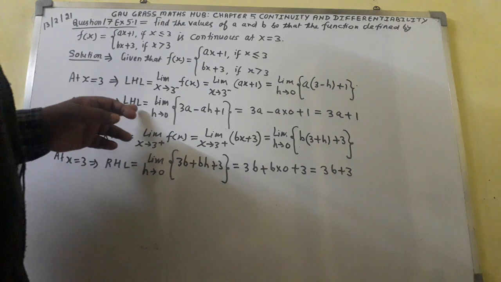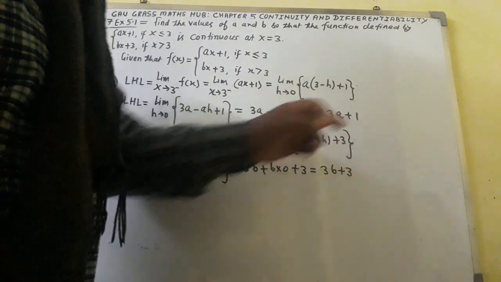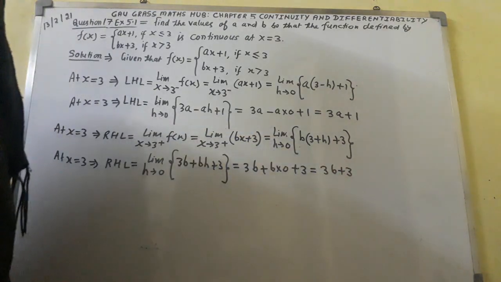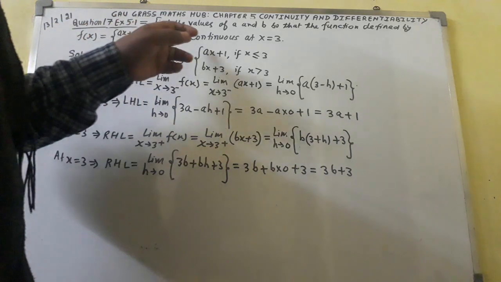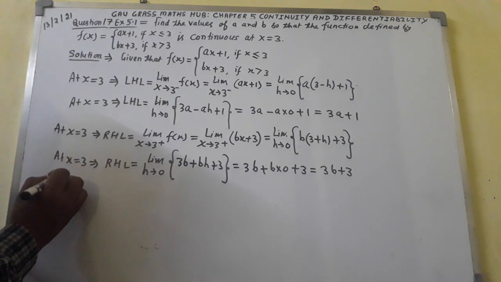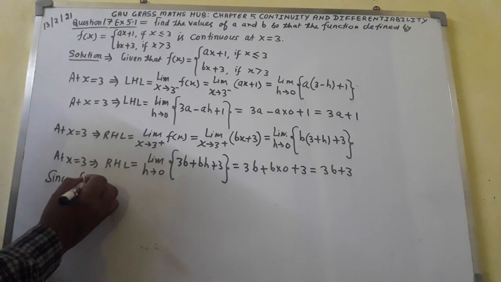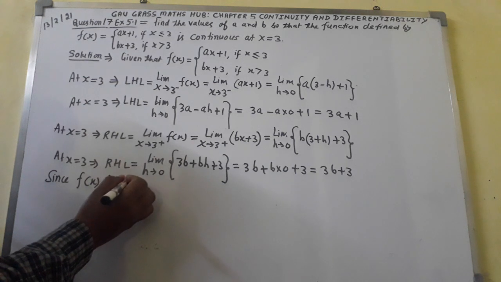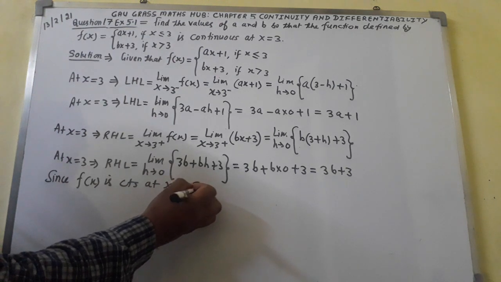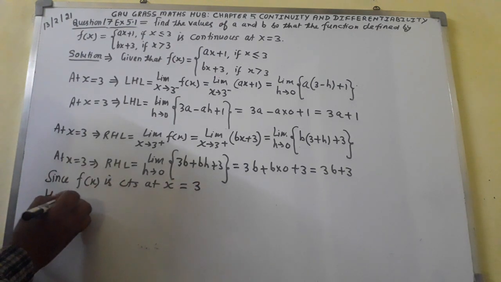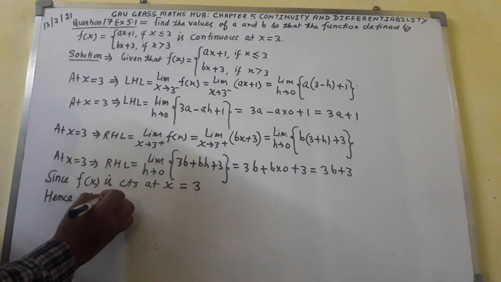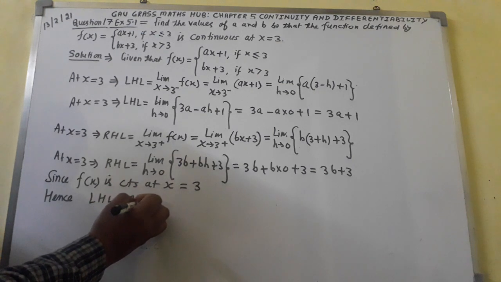So here the left hand limit you have got is 3a plus 1, and the right hand limit you have got is 3b plus 3. Here it says f of x is continuous at x is equal to 3. Since f of x is continuous at x is equal to 3, hence the left hand limit is equal to the right hand limit.